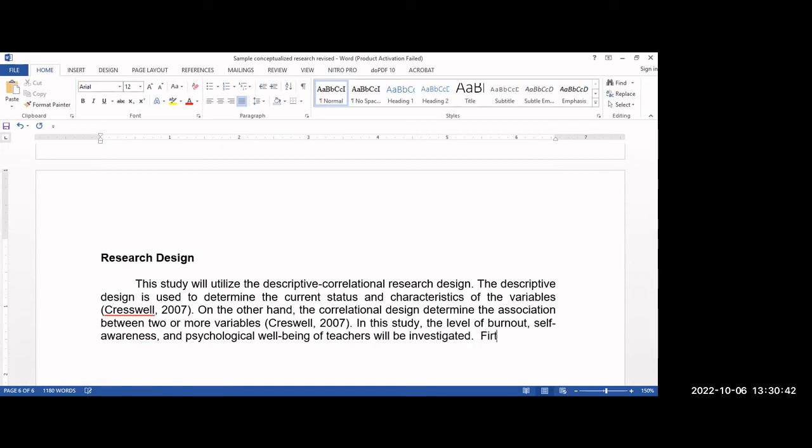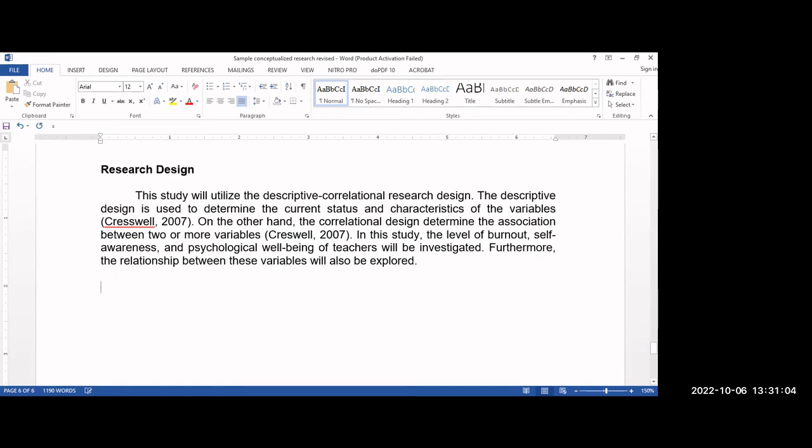Ayan. Furthermore, the relationship between these variables will also be explored. Yan. So at least we already have ganyan lang pagkasulat. Kasi journal type, journal format lang naman tayo. So what's the next? So you just have to answer the guide question.